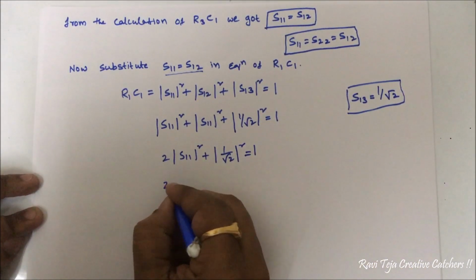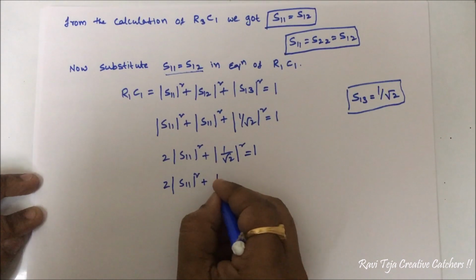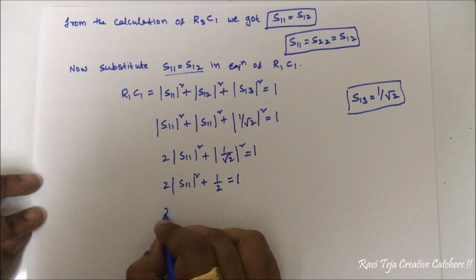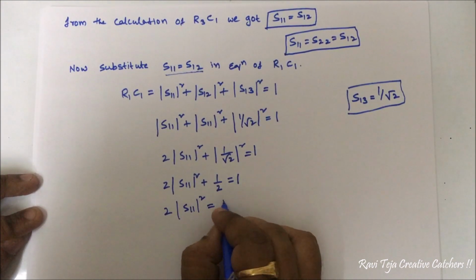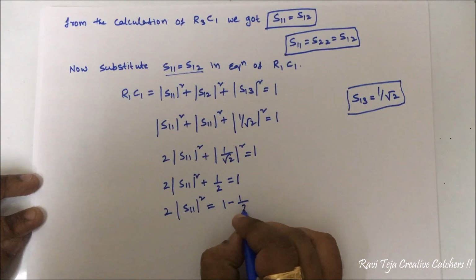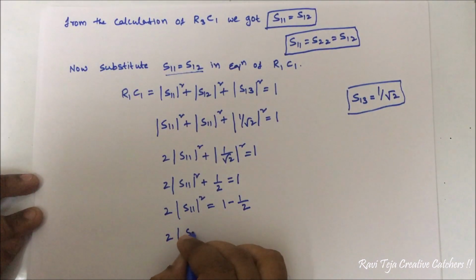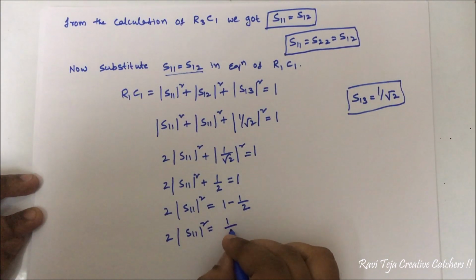Now, 2|S11|² plus 1 by 2, if you solve that you will get 1 by 2, is equal to 1. So, 2|S11|² is equal to 1 minus 1 by 2. 2|S11|² is equal to 1 by 2.